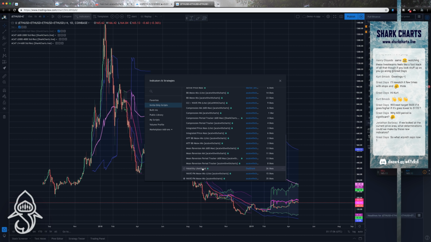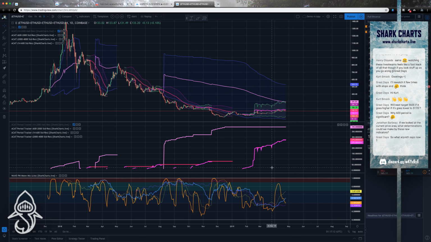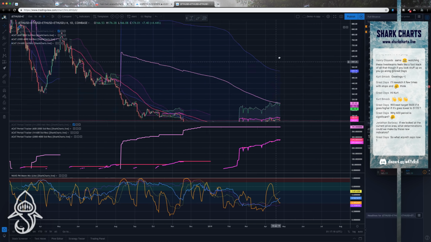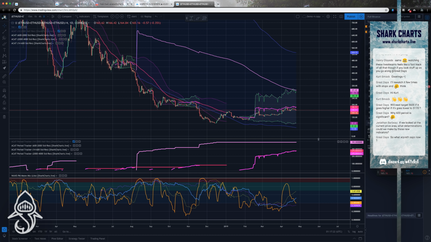1, 2, 3, 4. I see 4 wicks and the start candle body all touching it exactly. And it's acted as the hard resistance so far on now 2 different runs at it.